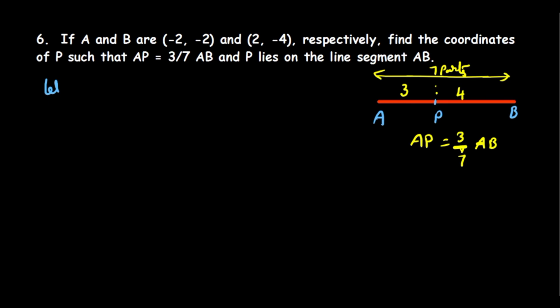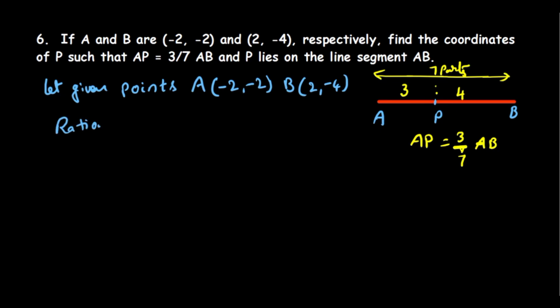The given points are A (-2, -2) and B (2, -4), and the ratio AP to PB is 3:4.